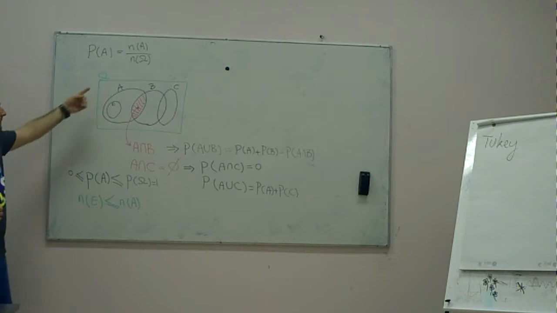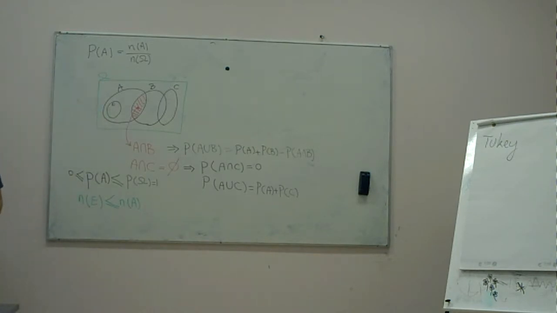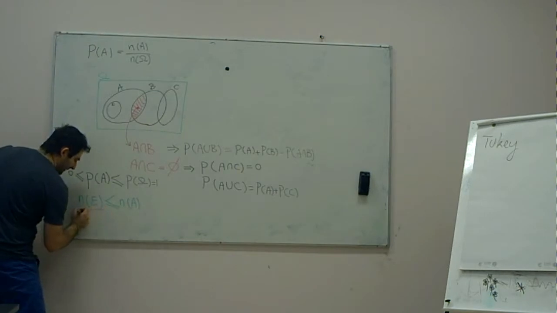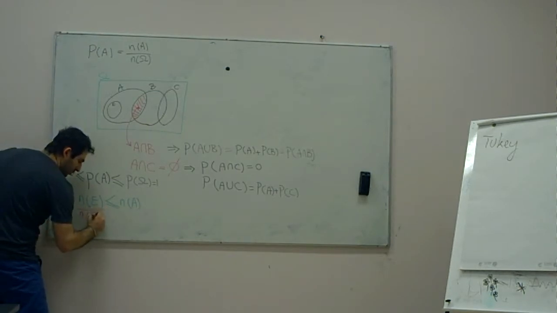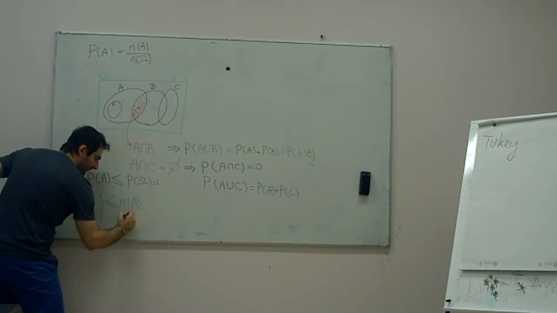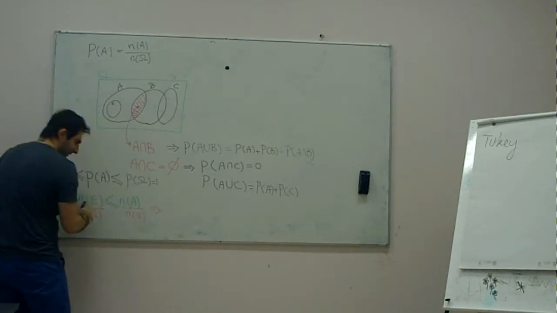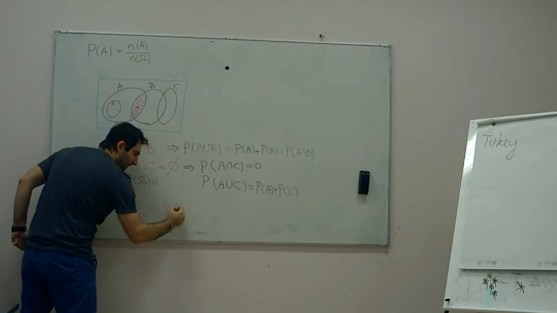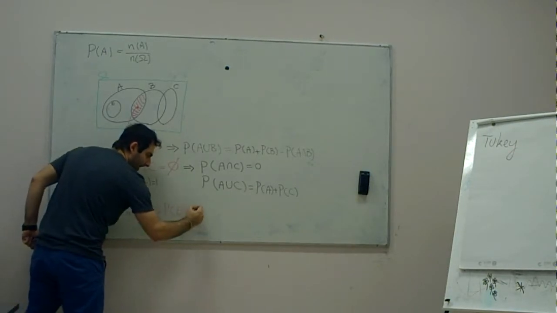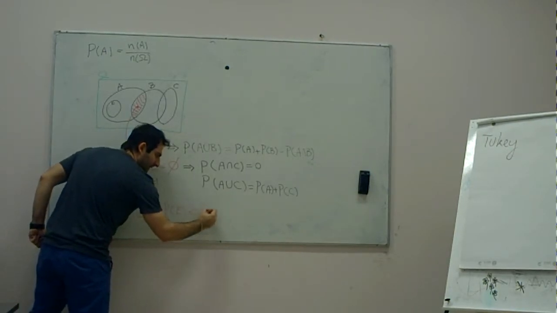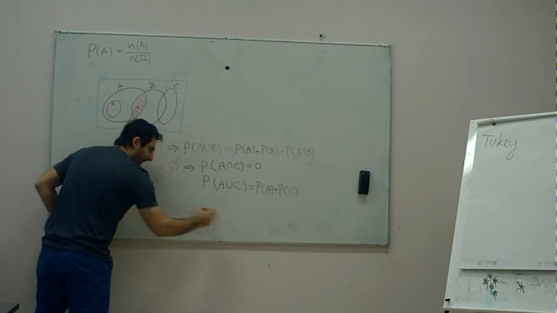Now, because the number of elements is always positive, I can divide both sides by this positive number, so nothing will change. And the result is that the probability of E is less than or equal to the probability of A.